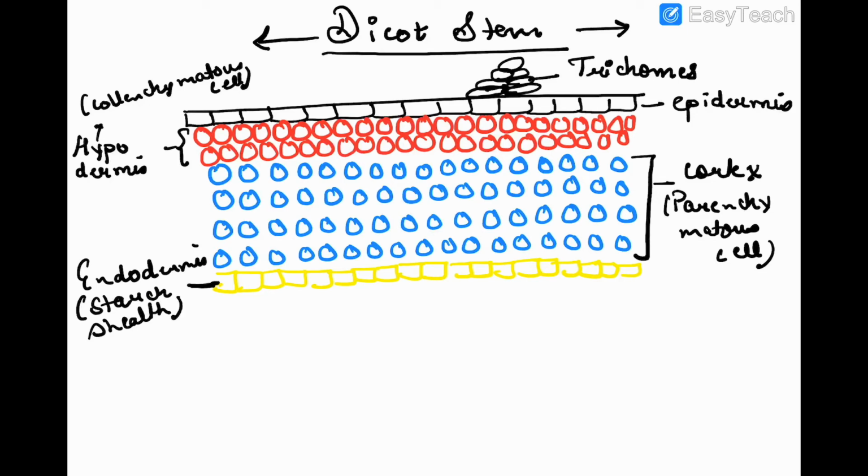The next layer is of pericycle. Pericycle is present in patches and made up of sclerenchyma. So now I am drawing the pericycle with green color.